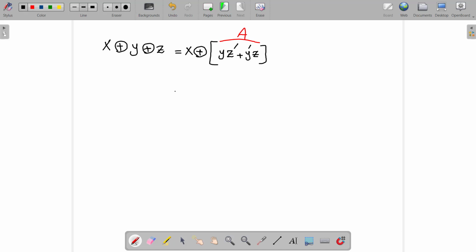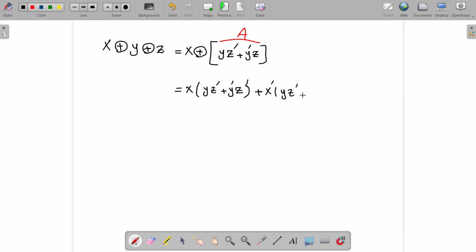We write the same thing, x prime times y z prime plus y prime z, plus x times y z prime plus y prime z prime.